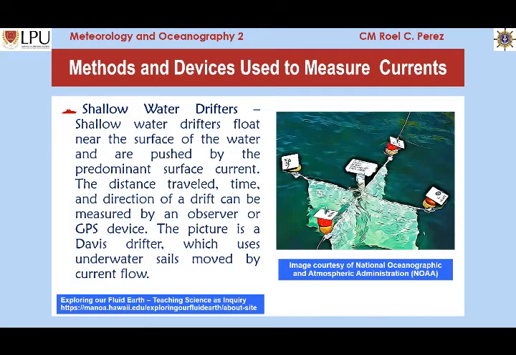Shallow water drifters float near the surface of the water and are pushed by the predominant surface current. The distance traveled, time, and direction of a drift can be measured by an observer or GPS device. The picture is a Davis drifter, which uses underwater sails moved by current flow.